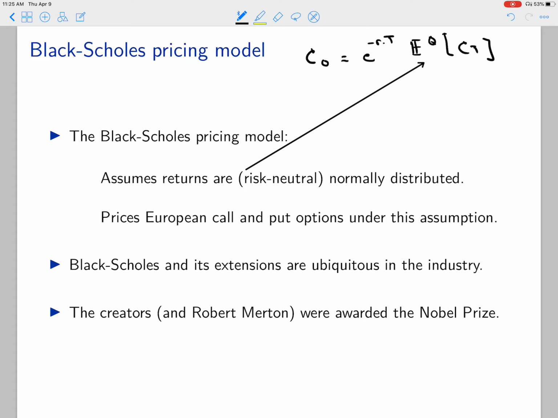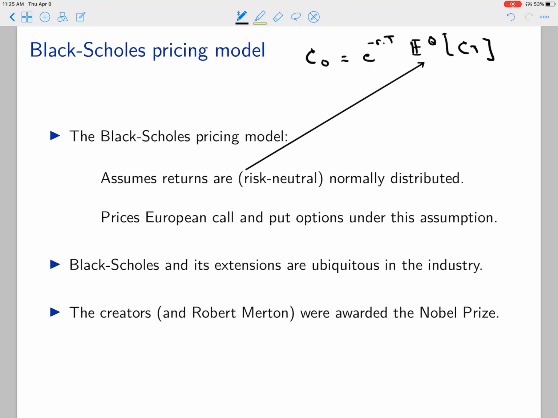It's so famous and had such a big impact on option markets that its creators, Fischer Black and Myron Scholes, along with Robert Merton, who really showed the risk-neutral properties of the model, won Nobel Prizes. Black won it posthumously because he had died.